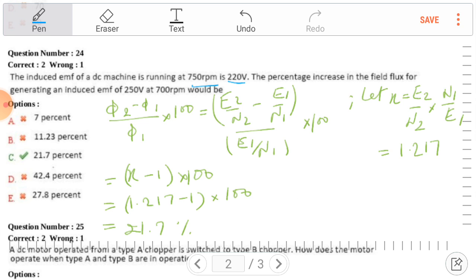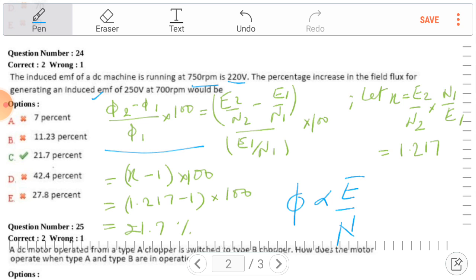So percentage increase in field flux can be found by using the formula phi2 minus phi1 divided by phi1 into 100. So here we know that phi is directly proportional to E by N.